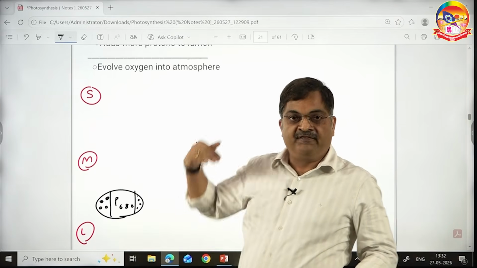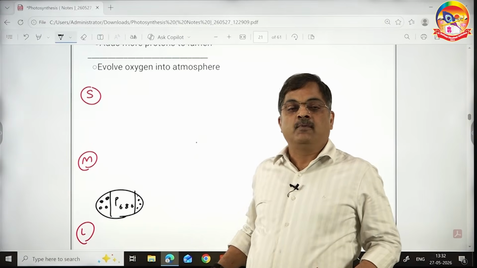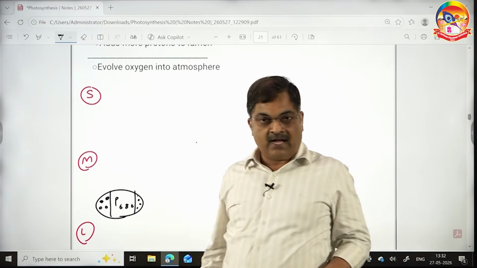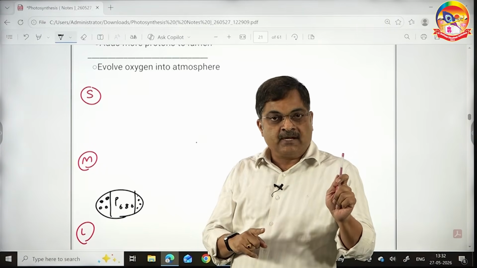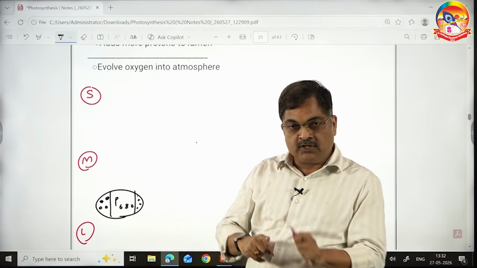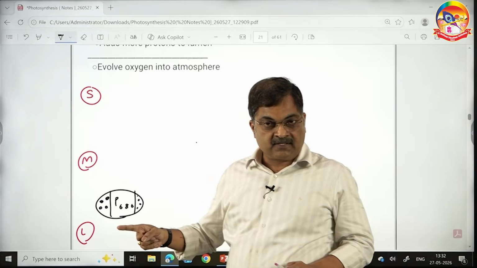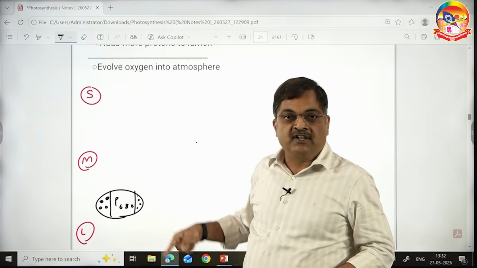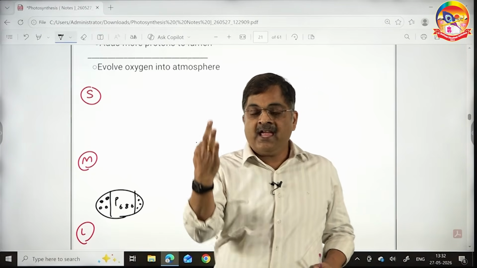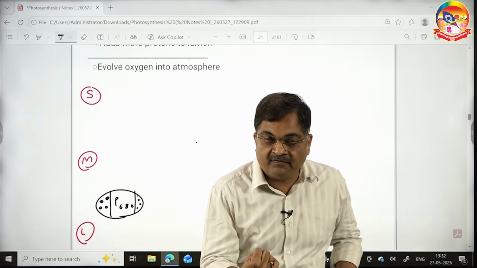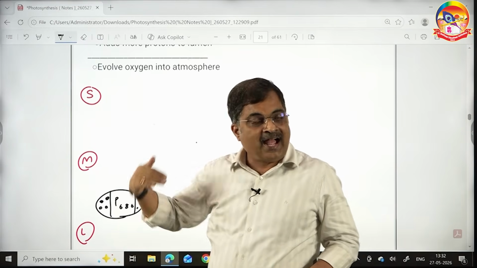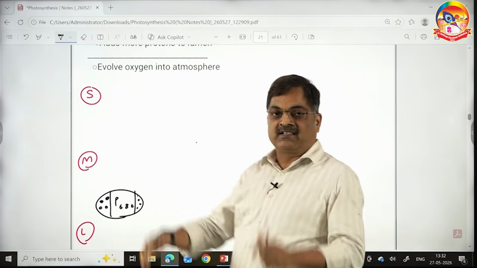I exclude chlorophyll A. The remaining 3 are said to be accessory pigments. I repeat again: photosystem or pigment system is equal to reaction center plus light harvesting complex. Now I break light harvesting complex into 4: A, B, carotenoid, xanthophyll. I exclude A from that, and the remaining 3 are said to be accessory pigments.